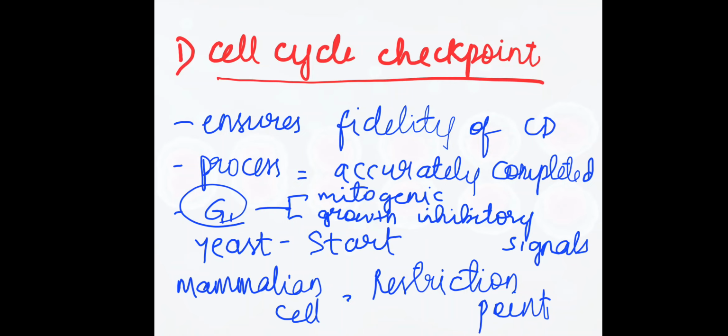If there is any defect at the G1 phase, this checkpoint will integrate the growth inhibitory signals. If everything is okay, then it integrates mitogenic signals, making the decision to proceed, pause, or exit the cell cycle. So the cell cycle checkpoint ensures the fidelity of the cell division.